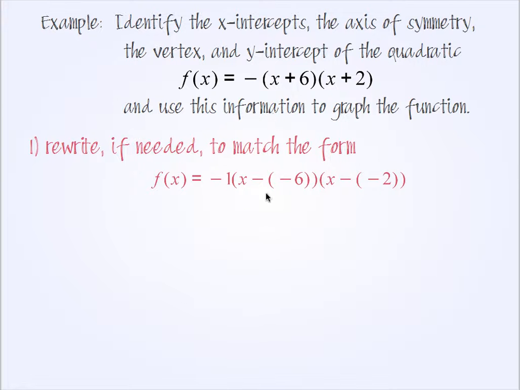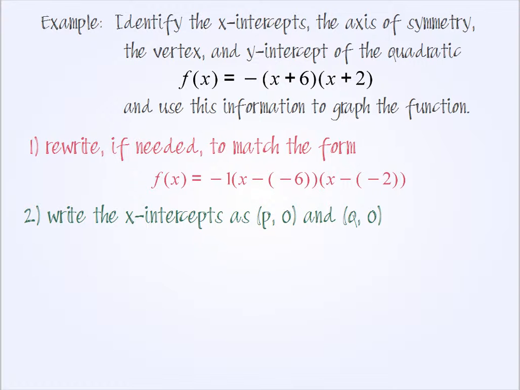X plus 6 is the same as x subtracting a -6. And x plus 2 is the same as x subtracting a -2. Why would I do that? Because in intercept form, my p and q values are being subtracted from x. So to be able to identify p and q, I need to have them in subtraction mode.